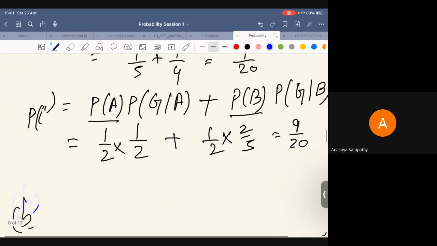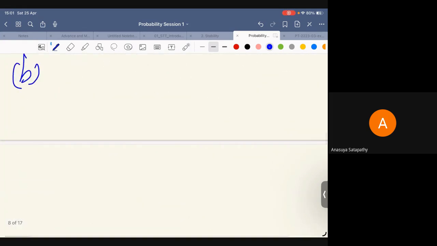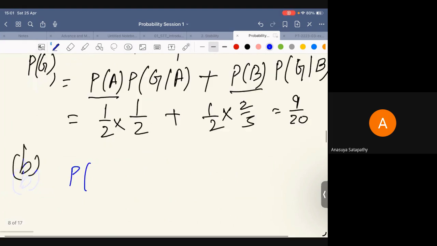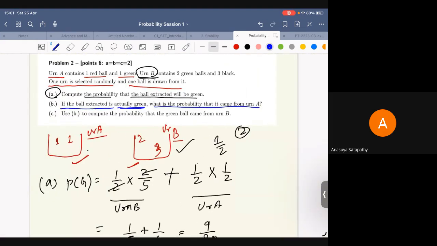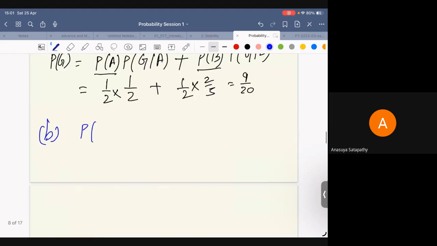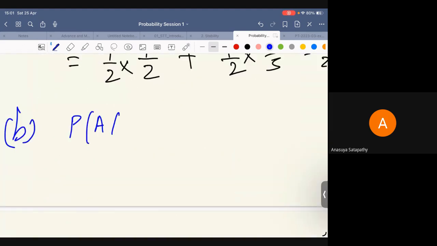So what will you apply, and how will you represent this? What is the probability that it has come from urn A? So probability of A given that it's actually green. Am I right or wrong?